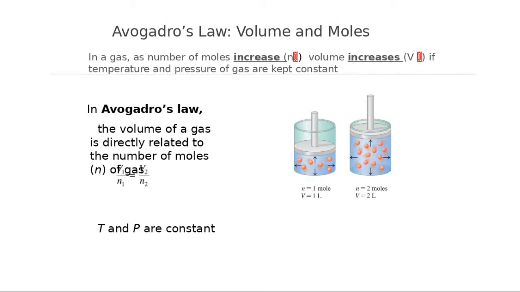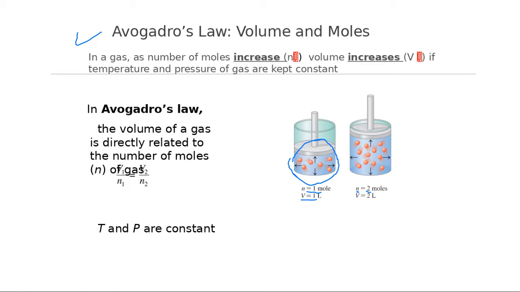The last law we want to discuss today is Avogadro's law. Avogadro's law says that if I have a container that contains an amount of gas, where the volume is 1 liter and the number of moles is 1 mole, and the temperature and the pressure are constant, what will happen if I double the number of moles of the gas to 2 moles instead of 1?